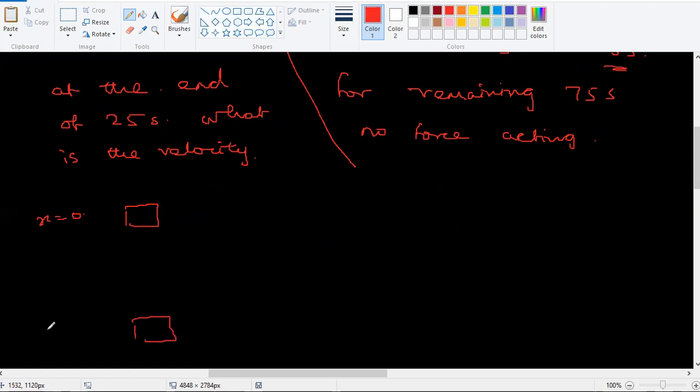Then here x is equal to 6,000 meters. Actually, I should say minus 6,000 because it has come backwards. So minus 6,000 meters. This happened in 25 seconds. So now they are saying another 75 seconds. After 75 seconds, what happens?